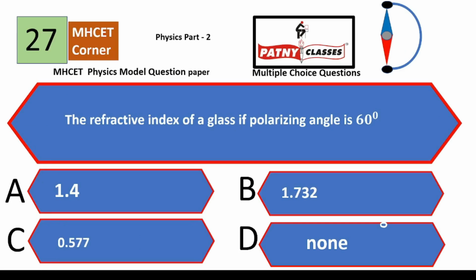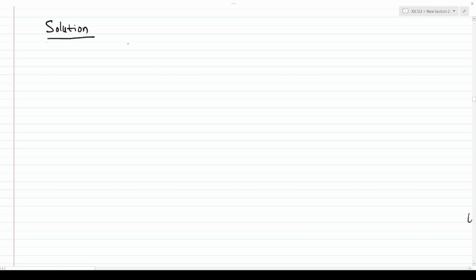Question number 27. The refractive index of a glass if polarizing angle is 60 degree. Option A 1.4, option B 1.732, option C 0.577, option D none. Here is the solution. The relation between refractive index and polarizing angle is given by n g equals tan theta B. Polarizing angle is given as 60 degrees.